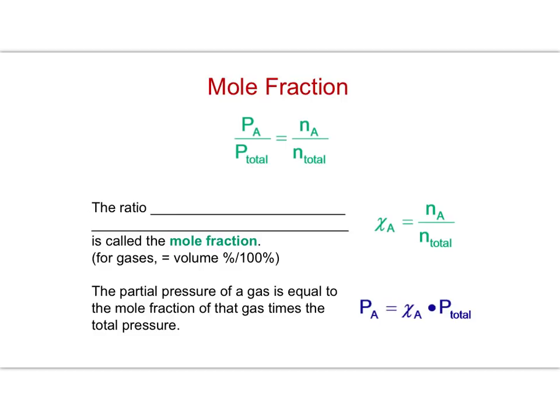Just for definitions, the mole fraction is a ratio of the moles of a component gas in a mixture, so the moles of a component compared to the total number of moles.